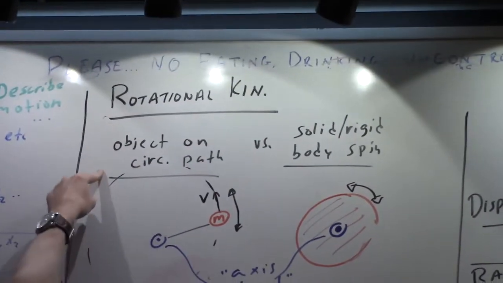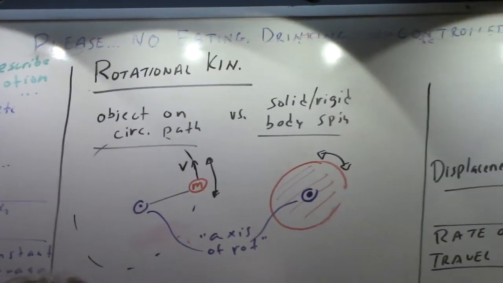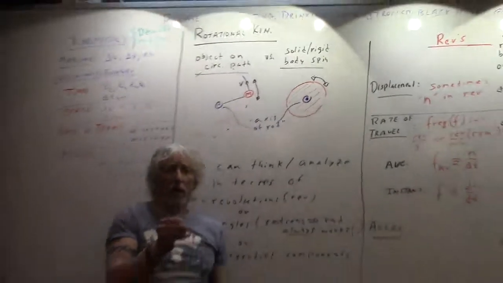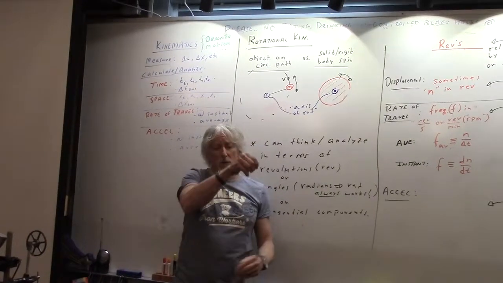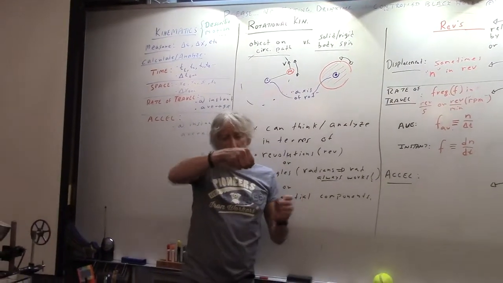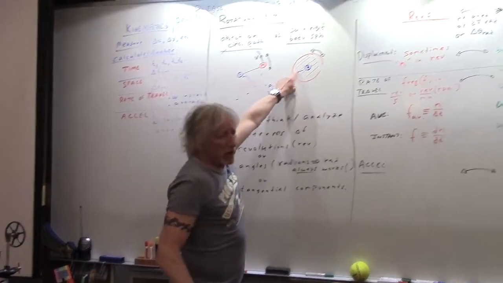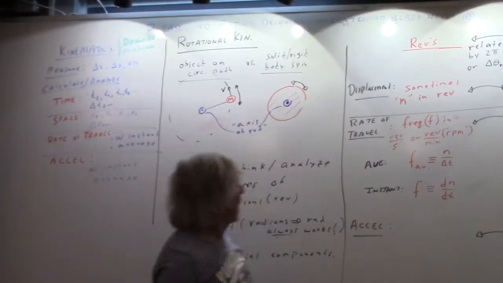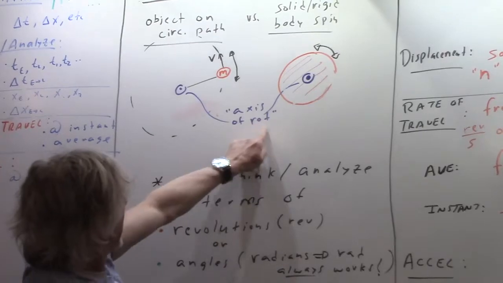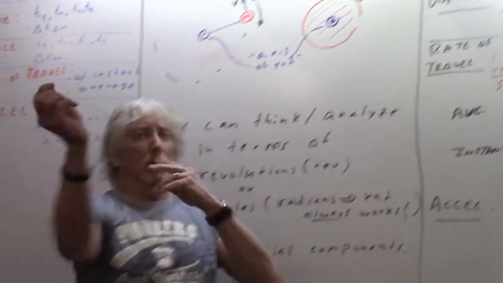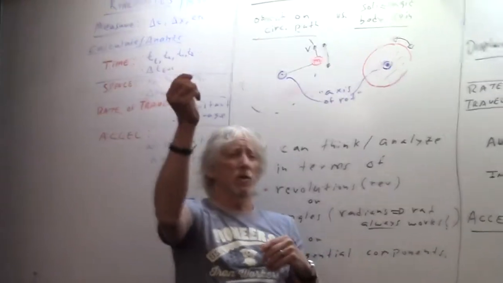Rotational kinematics, we can talk about an object going around in a circle, so I can spin something like that, however we do that, spin something around in a circle like that. We've done all that force analysis on that. And I can talk about something spinning around its own axis. And by axis of rotation then, that would mean the axis of rotation would be which way?